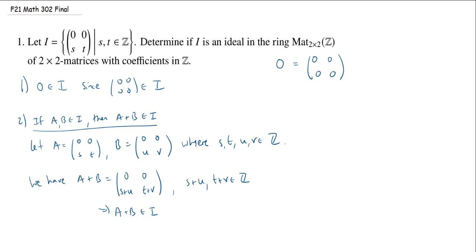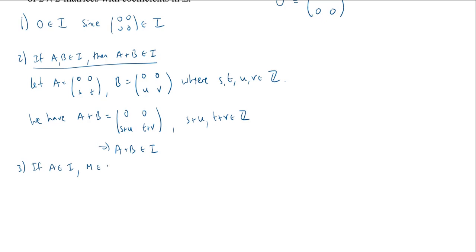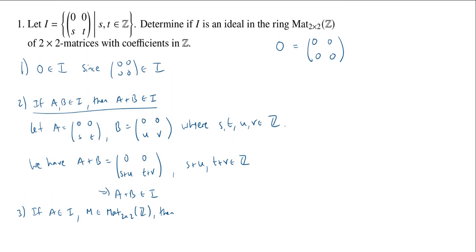What's the third condition? We need to check if this subset absorbs multiplication by elements in the entire ring. So we need to show that if A is in I, and M is in the ring of 2 by 2 matrices over the integers, then we actually have to show both directions.